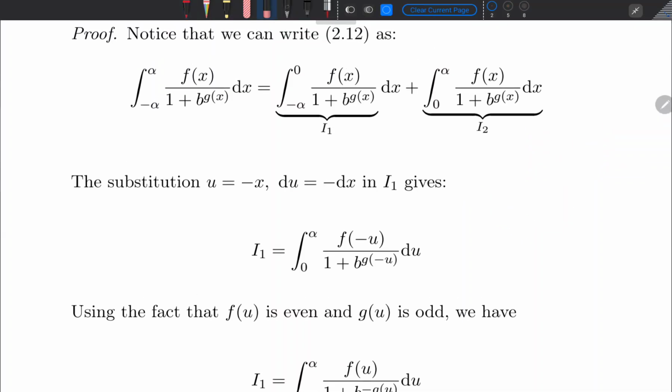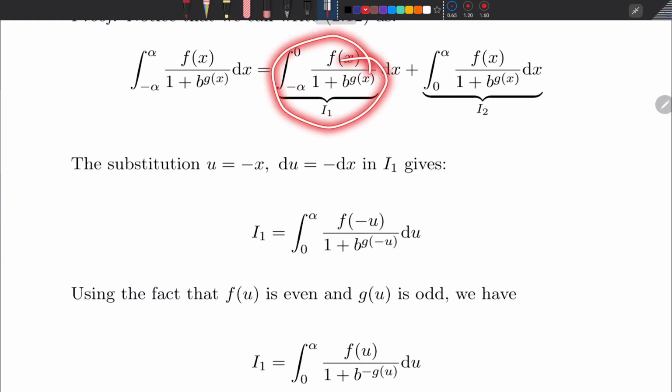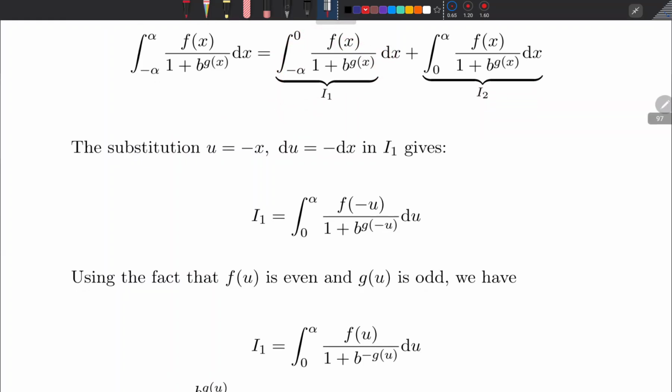Okay. So now what he did is he just substituted u equals x in the I1. Okay, wait a second, let me just give you some information here.